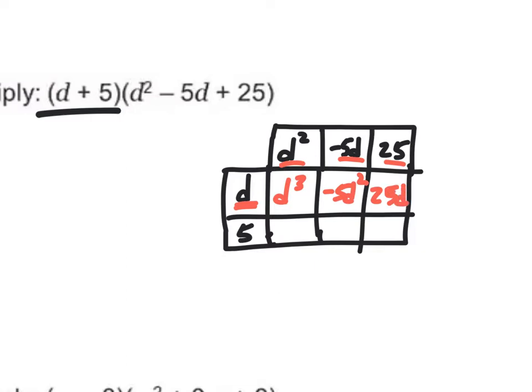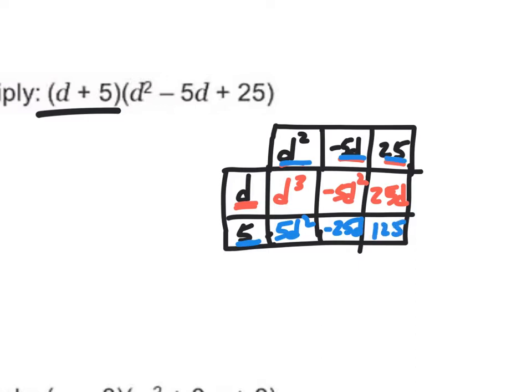On the next one, I'm going to take 5 times d squared, which gives me positive 5d squared. I'm going to do 5 times negative 5d, so that's minus 25d. And then 5 times 25, which gives me 125. All right.